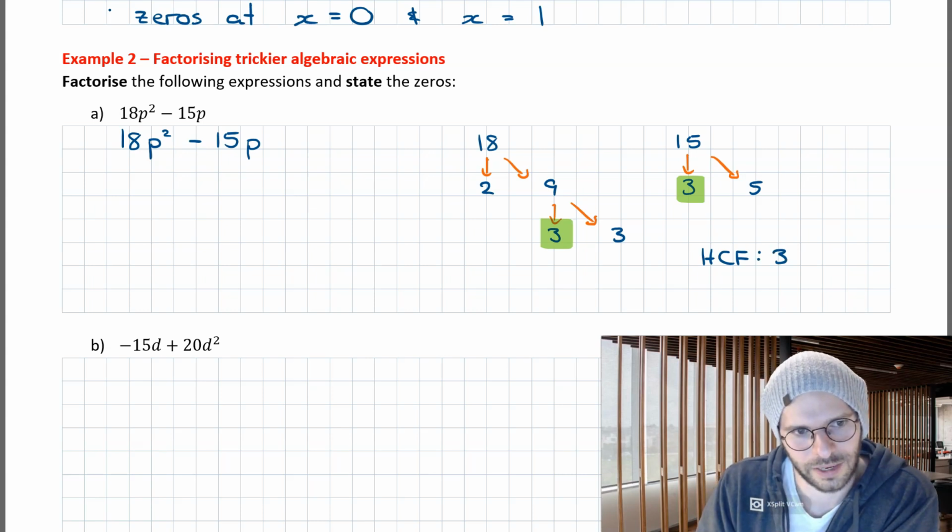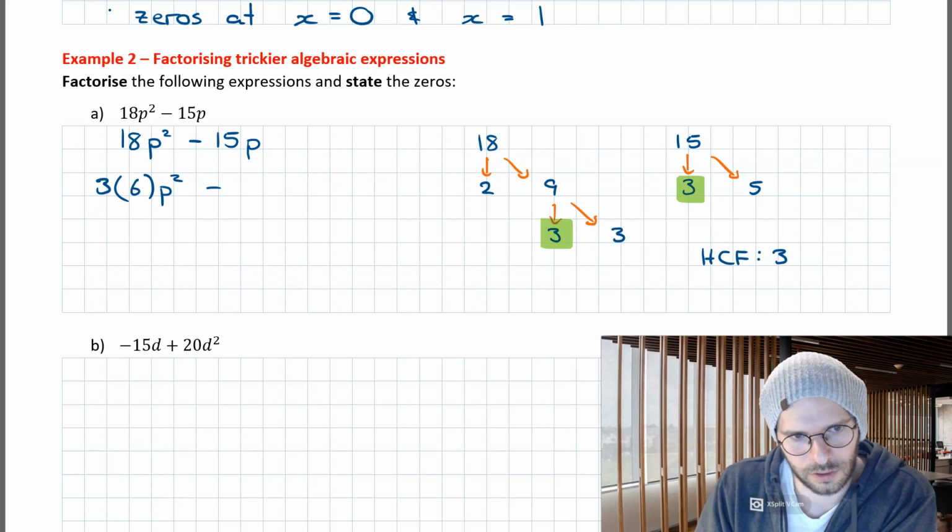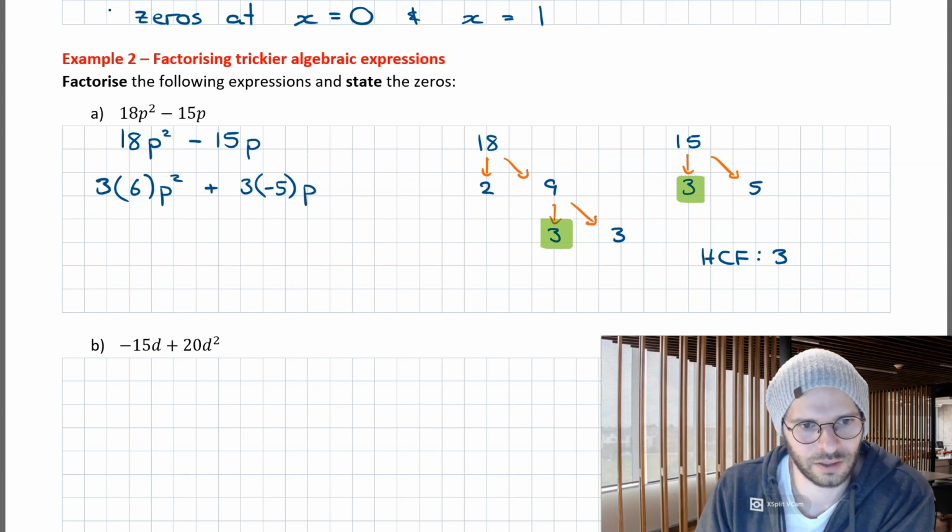So factorizing for this, 18 divided by 3 is going to be 6p squared, minus 15 divided by 3 is 5p on the outside. And again, I don't like this minus here, so I'm going to turn it into plus, and in doing so, I'll make that 5 a -5.